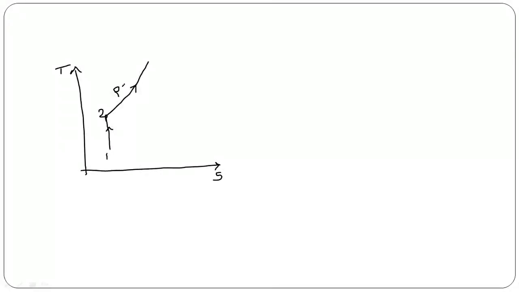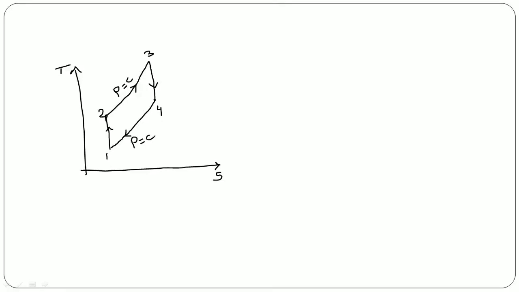That means if I draw the TS diagram here, for this closed cycle gas turbine plant, process 1 to 2 is isentropic compression, 2 to 3 is constant pressure heat addition, 3 to 4 isentropic expansion, and 4 to 1 constant pressure heat rejection. So far we have considered the Brayton cycle only.